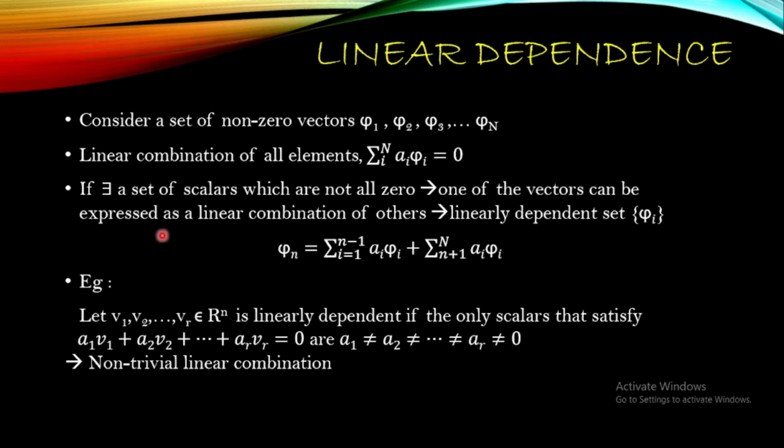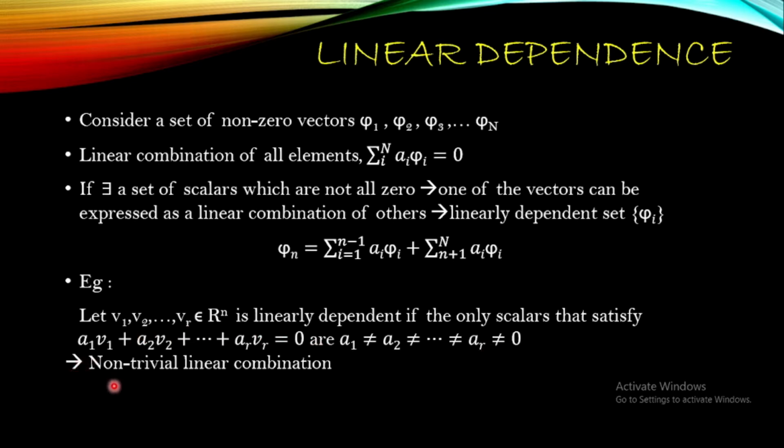So if we consider a set of vectors v1, v2, and so on up to vr belonging to R raised to n, it is said to be linearly dependent only if the scalars which satisfy this equation, that is the sum of all its components, are a1 not equal to 0, a2 not equal to 0, and so on, ar not equal to 0.